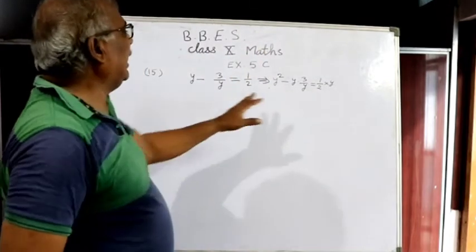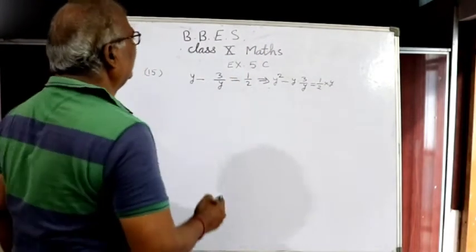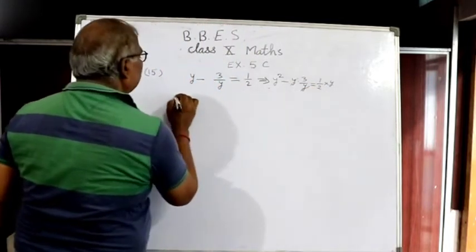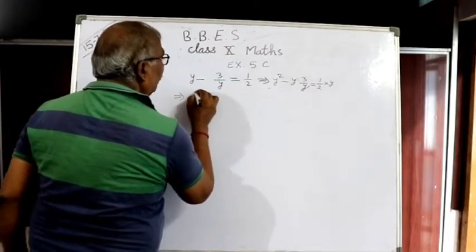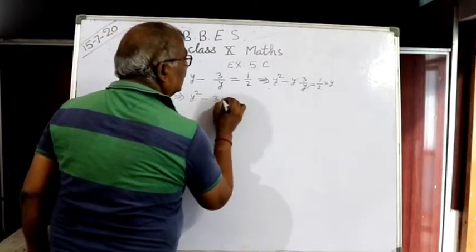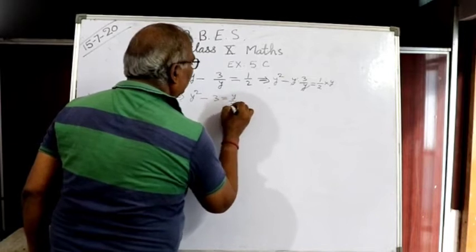Both sides we have multiplied by y. y and y cancel. Then this is y square minus 3 is equal to y upon 2.